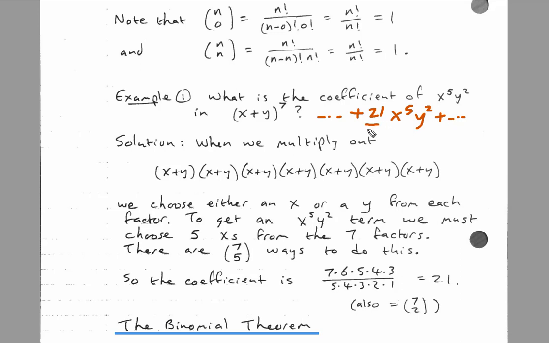Alright, so this was the coefficient we were looking for, just 7 choose 5. And remember that symmetry we saw before, so 7 choose 5 is equal to 7 choose 2. So we could have used this binomial. So it doesn't matter which of the powers you use, 5 or 2, for this.